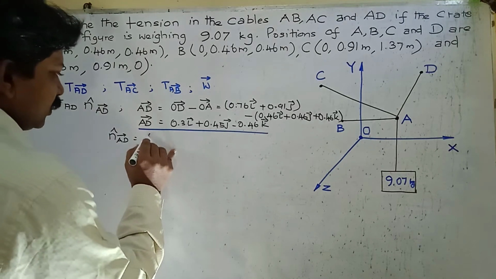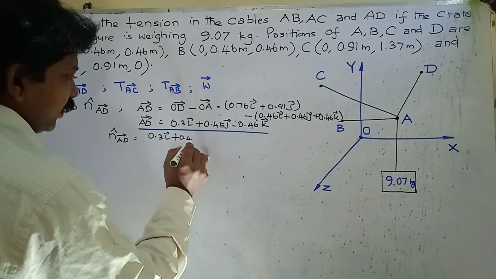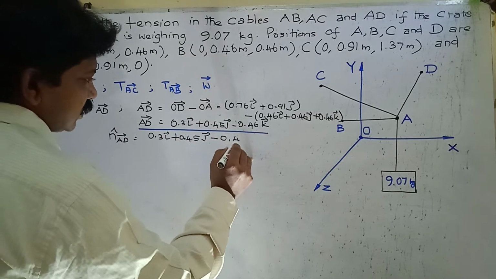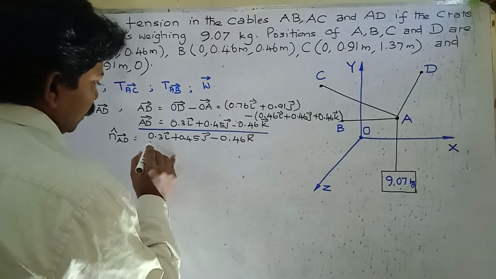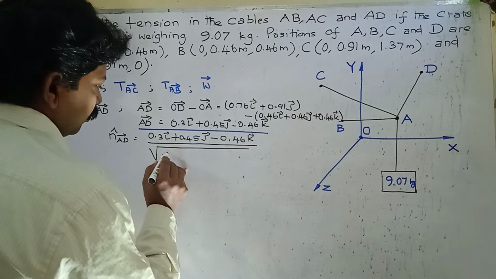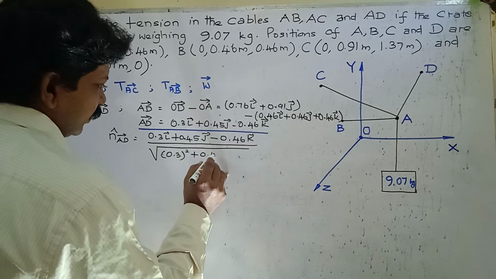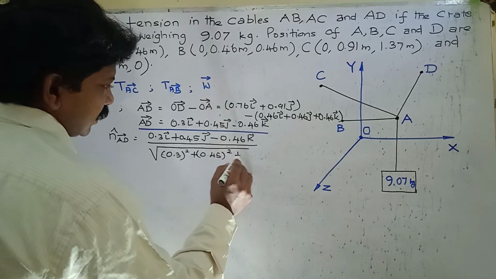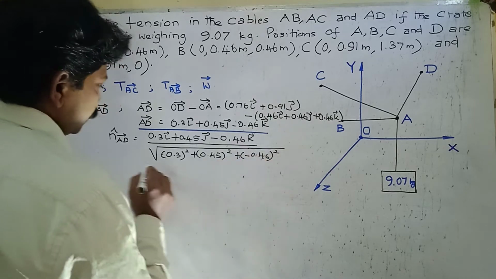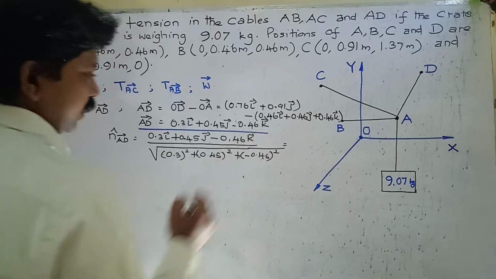So 0.3 i vector plus 0.45 j vector minus 0.46 k vector divided by root of 0.3 square plus 0.45 square plus minus 0.46 square. From that, what is n cap of AD vector?